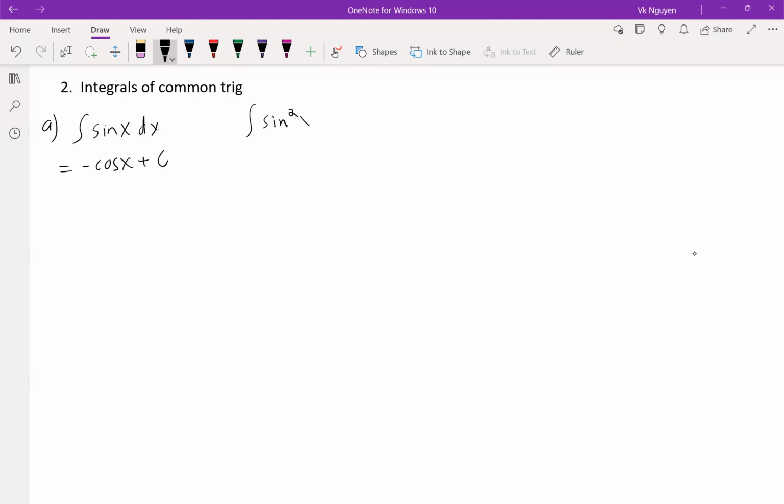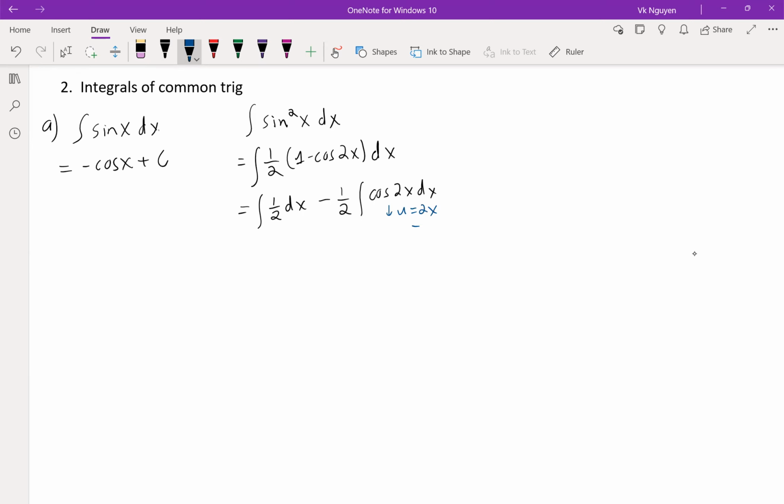Integral of sine squared x dx. This is the integral of 1 over 2 times (1 minus cosine 2x) dx. And we can split this out into the integral of 1 over 2 dx minus 1 over 2 times the integral of cosine 2x dx. Split it, easier for us to do the u sub. u is 2x, so 1 over 2 du is dx.